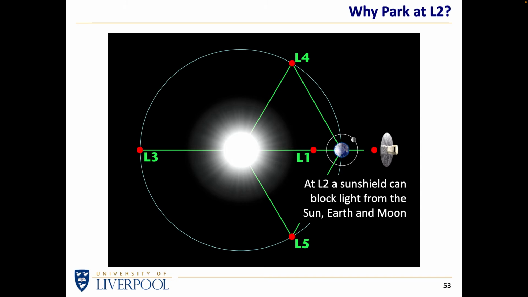You don't have to worry about trying to shield the light from these 3 objects, which are effectively light pollution as far as an orbiting spacecraft is concerned. So by going to L2, you can build yourself a sun shield and then block the light from those 3 objects, and essentially look out into space unimpeded from the glaring effects of those 3 bodies getting in the way.